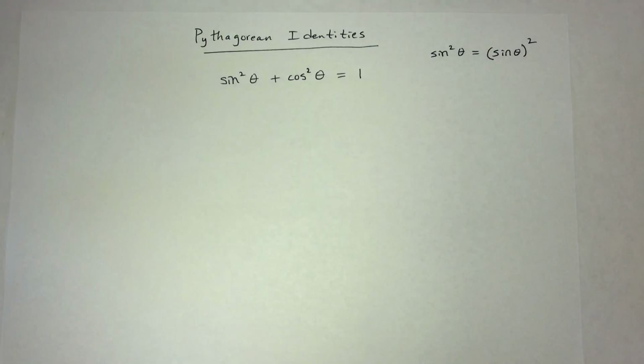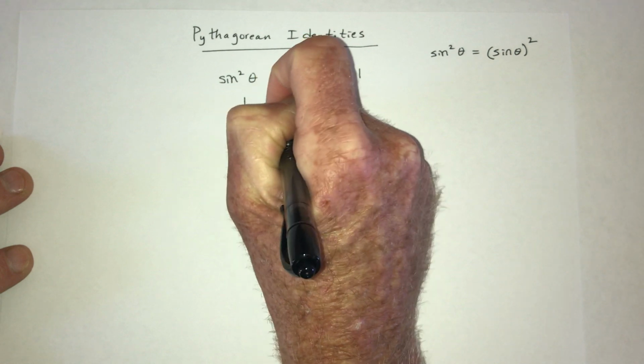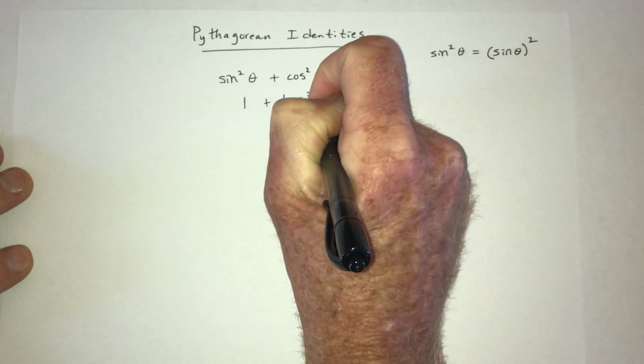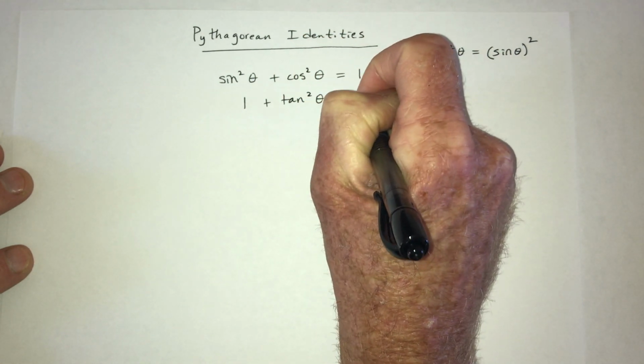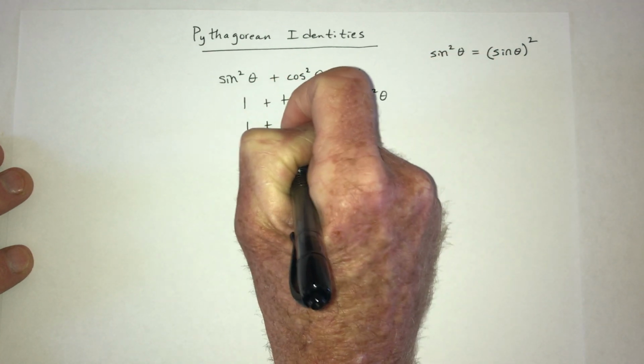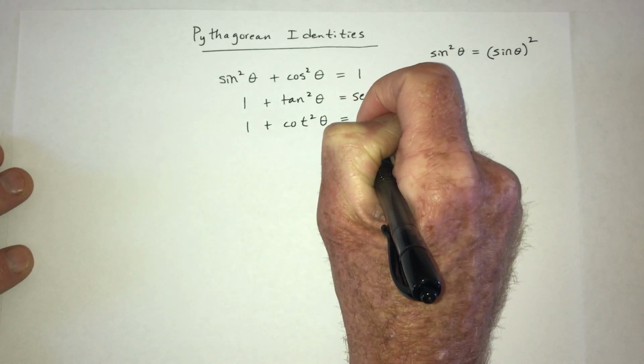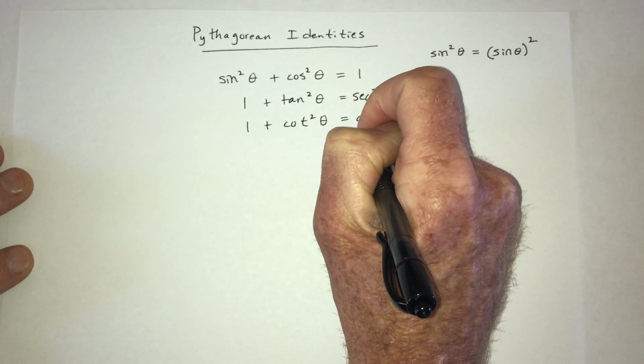So that's one of the identities. There's two more. There's also 1 plus tangent squared is equal to secant squared, and 1 plus cotangent squared is equal to cosecant squared.